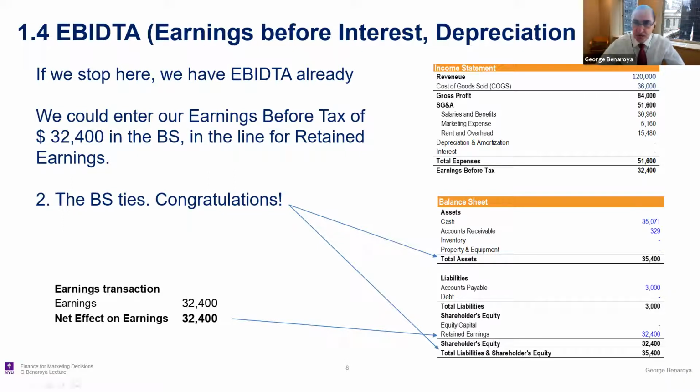So we know that our earnings before tax are $32,400, what we saw on the previous slide. And now if we were to make an entry for the line called retained earnings for the same amount, then both our assets and our liabilities will tie and we're finished.